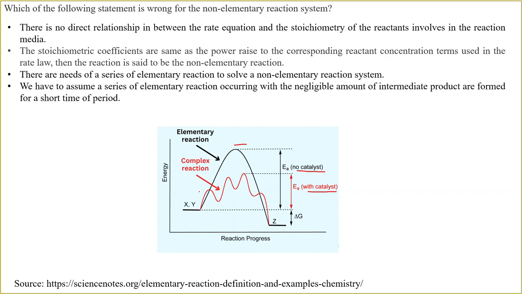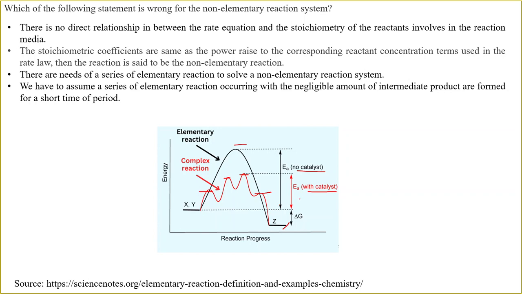You can see 1, 2, 3, and 4 different intermediate complexes being formed, which then proceed to form the product. This is just a general example. Many times there are more than 4 intermediates being formed.